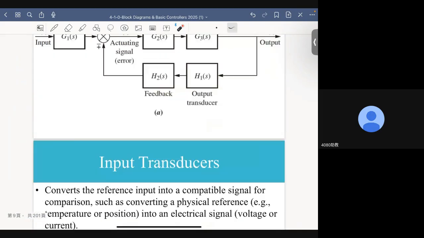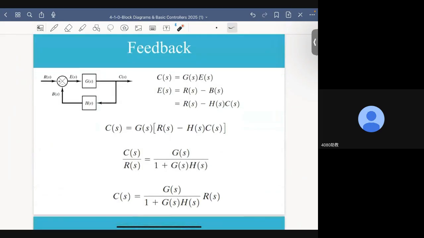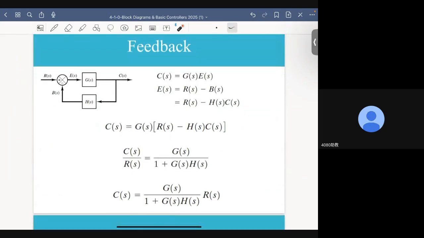So we need a sensor. That is the reason why we need an output transducer to be an essential element of our feedback control system. Now, let's go back to this system.